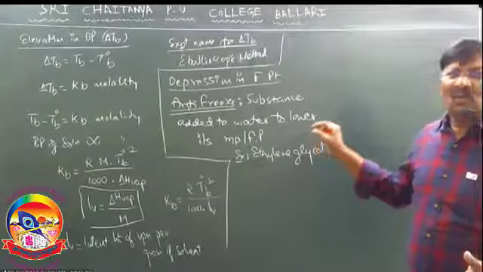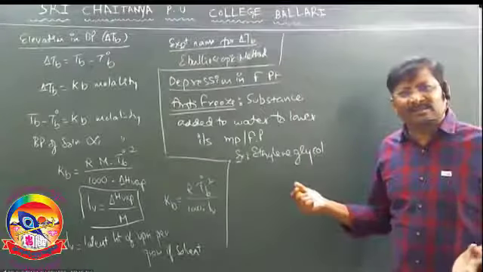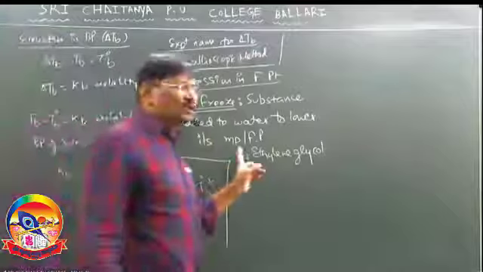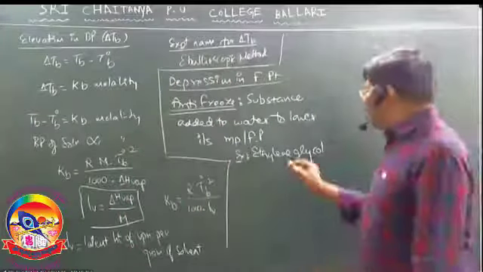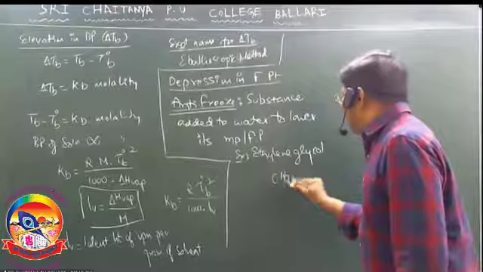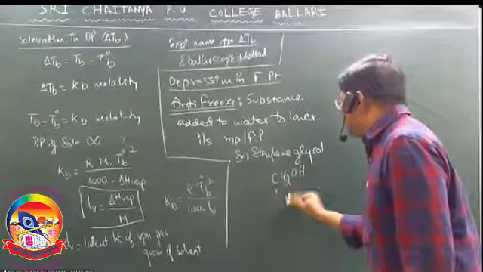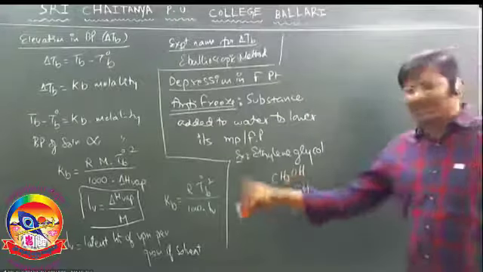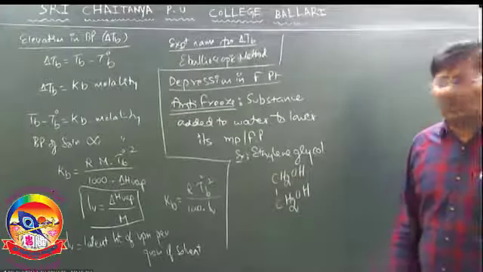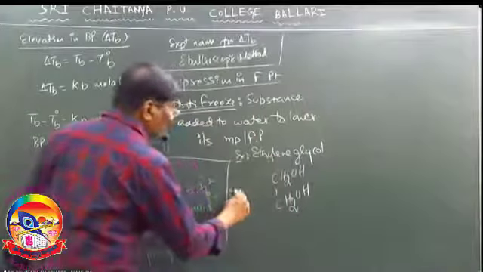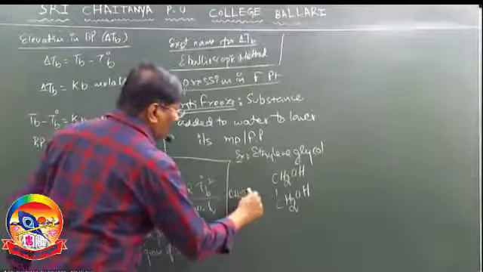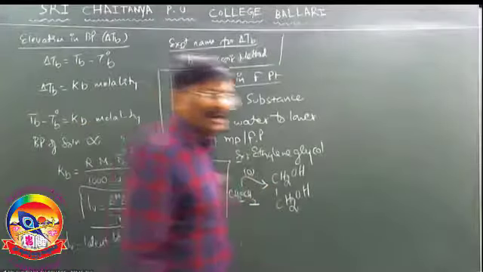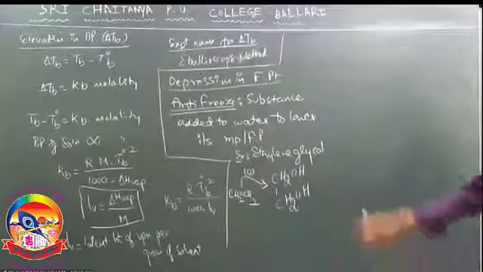In first year also, we have discussed this. The ethylene glycol, its formula is CH2OH, CH2OH. This compound, the ethylene, CH2 double bond CH2, on oxidation gives the glycol.